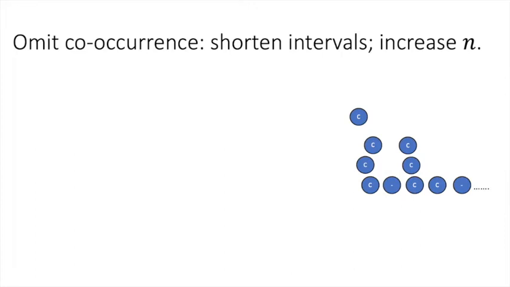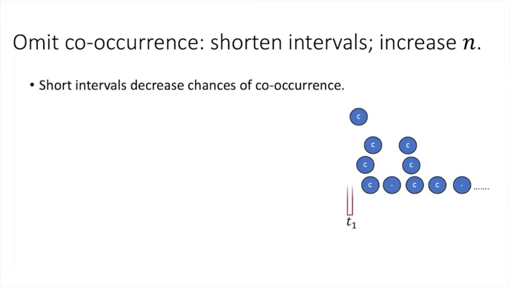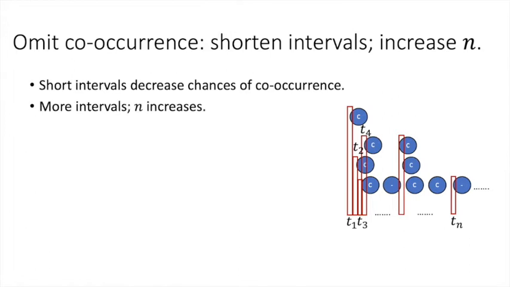Let us try to shorten the intervals so the chances of co-occurrences diminish. For example, let's measure time in seconds. Clearly, the chances of co-occurrence decrease but do not vanish altogether. After all, it is still possible for two calls to be made at the same time. Note, as the intervals shorten, the number of trials, that is n, increases.